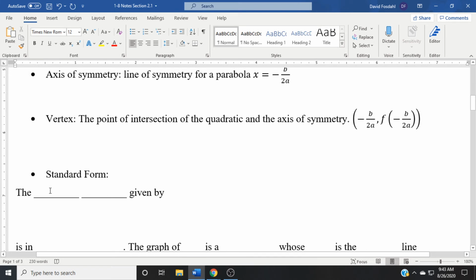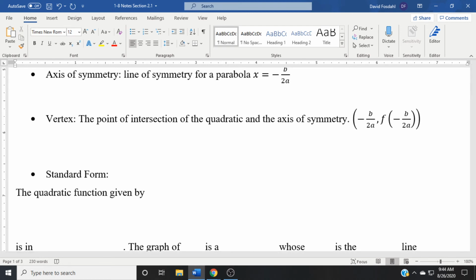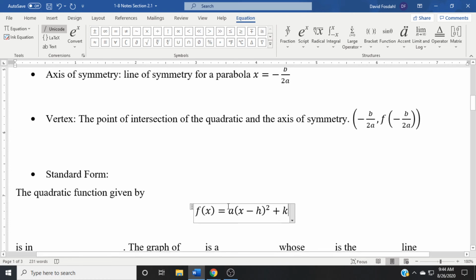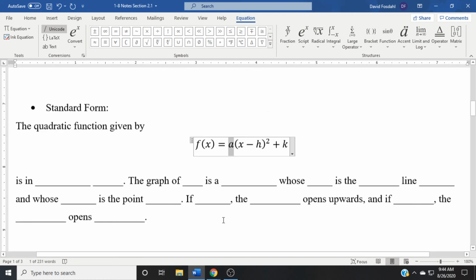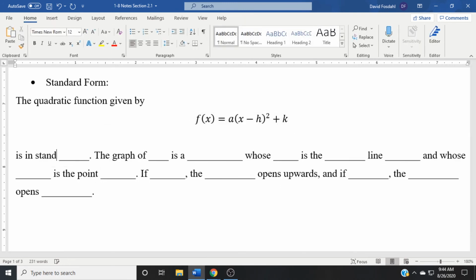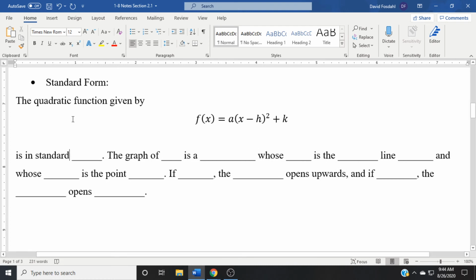Okay, so standard form, section on page 129. I'll just go through this quickly. A quadratic function given by this equation. So this is the equation you've got to be familiar with. We haven't done this that often in math. So it's f of x equals a times x minus h squared plus k. Now crucial points. A is going to give you different things. This is going to be in standard form.